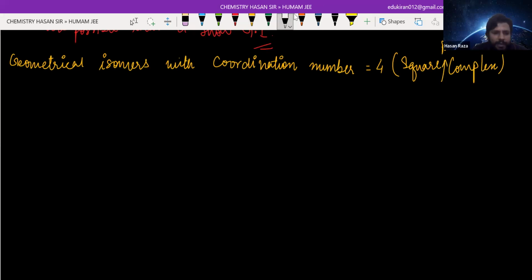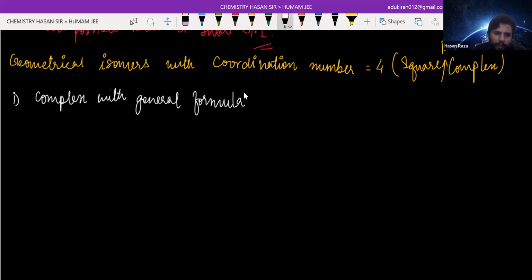Now, the first case that I'm going to take is a complex with general formula Ma2B2.